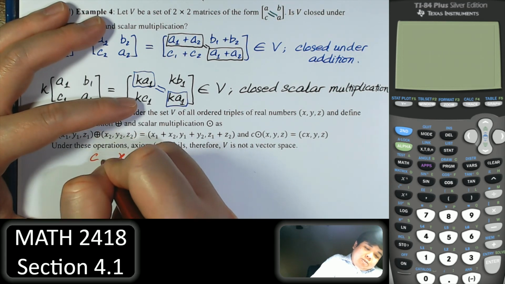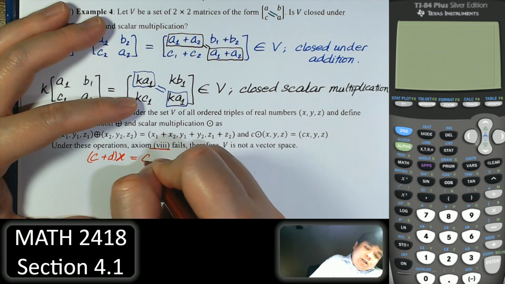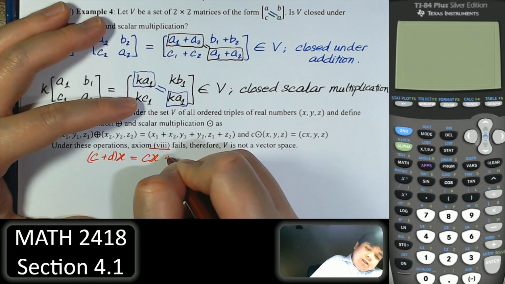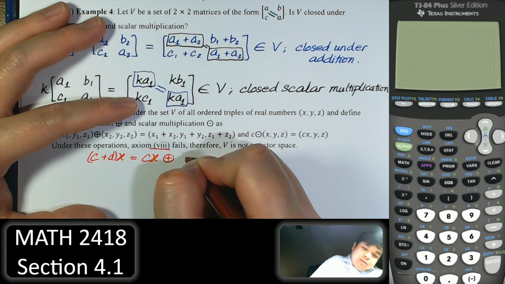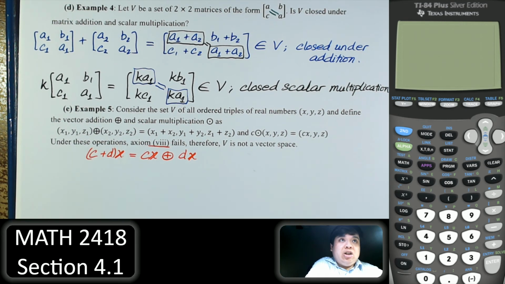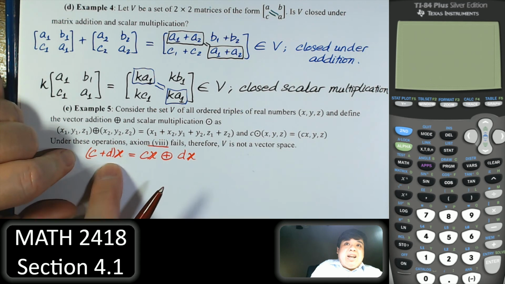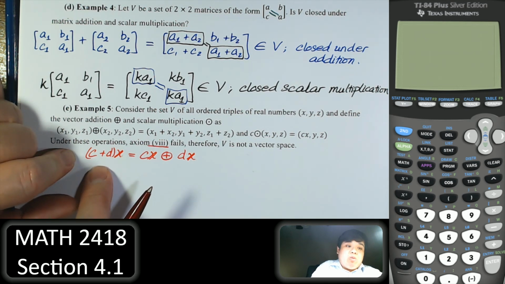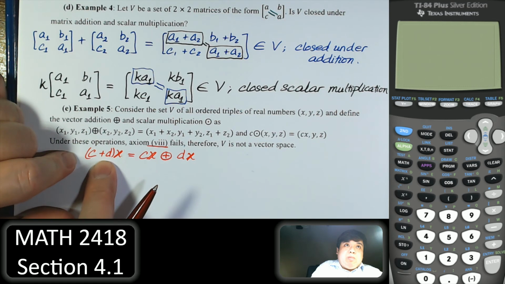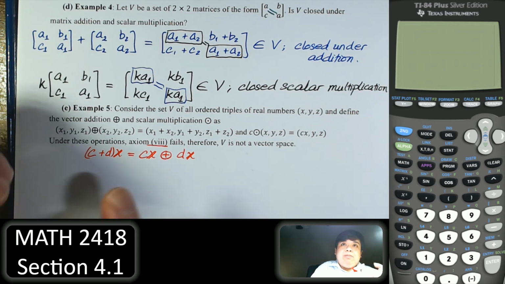Now we have C plus D equal to Cx, and then you say, why do I change the addition to that addition? Well, that is the case, right? When we combine two vectors together, we're going to use that operation, but this is just the addition of two numbers, so that's why just the regular plus here. However, this is the addition of two vectors, so it has to be in that form.